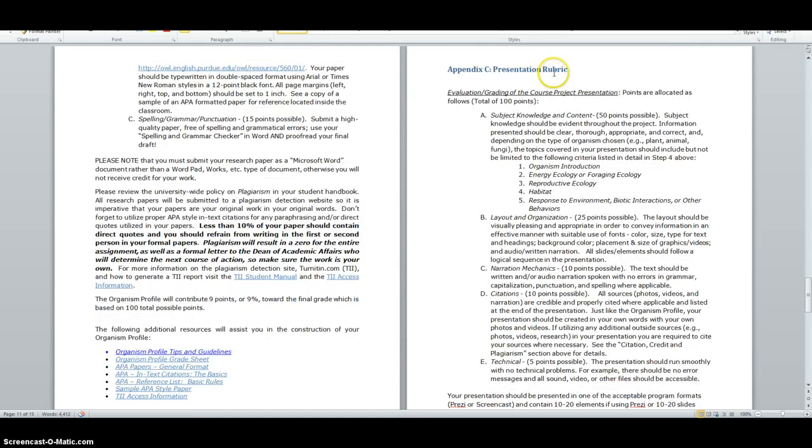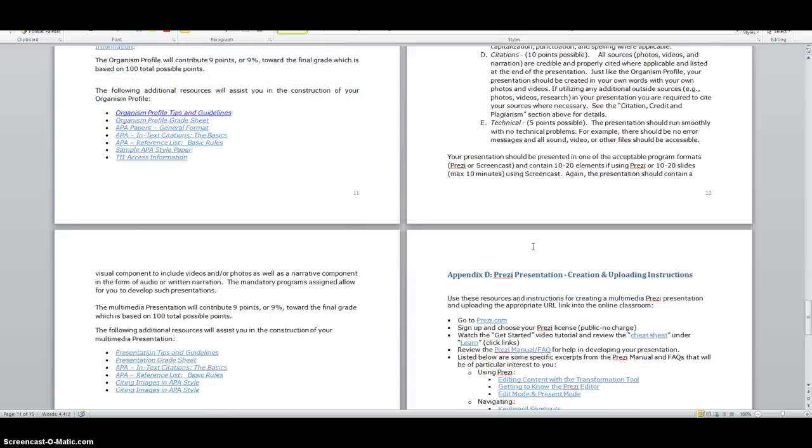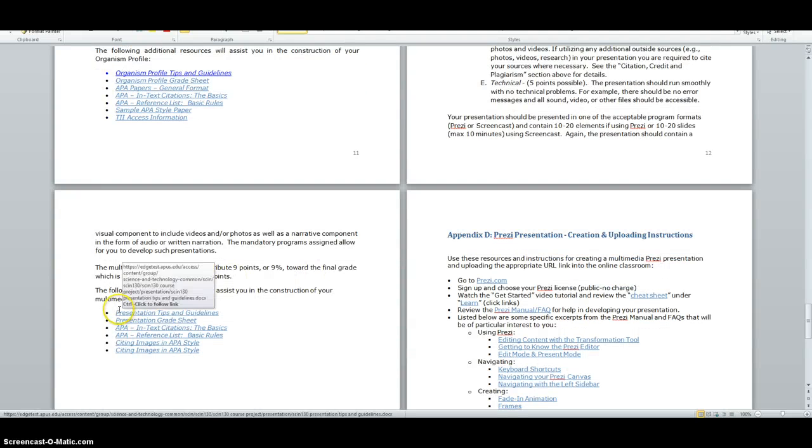Under each of these appendices, you will see further instruction on how to complete the assignments, and typically you will also see a bunch of attachments that are wonderful resources to help guide you in the production of each of these assignments. They'll give you tips and guidelines, the grade sheet that I will use to actually formulate your grade, and any outside resources that may help you in reference and citation, etc. So check out all of that.